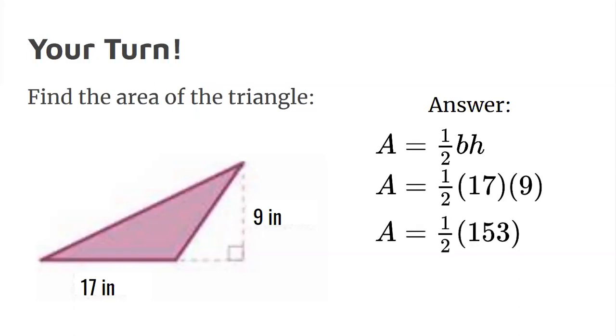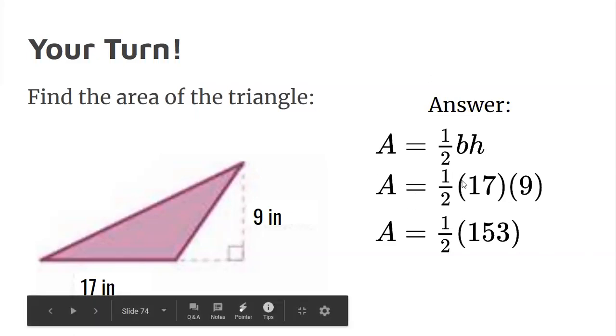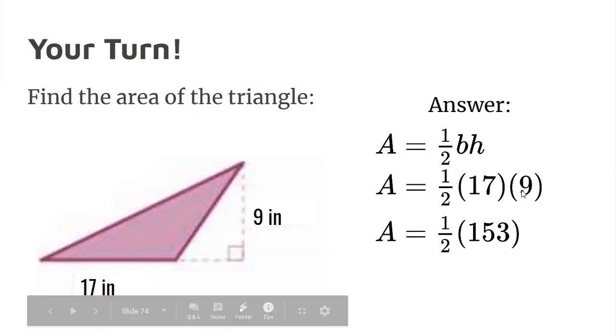For this time, I did not want to multiply 1/2 to everything because it would turn into a decimal or a fraction, since 17 and 9 multiplied by 1/2 will turn into a decimal or a fraction.